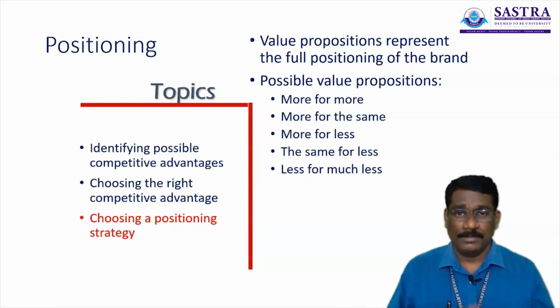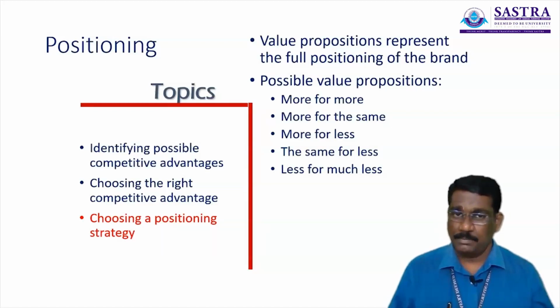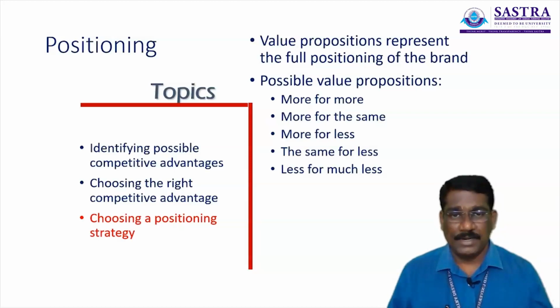So you need to be very careful in articulating the value proposition by carefully analyzing consumer perception, and you need to deliver the required marketing mix to that particular chosen segment.